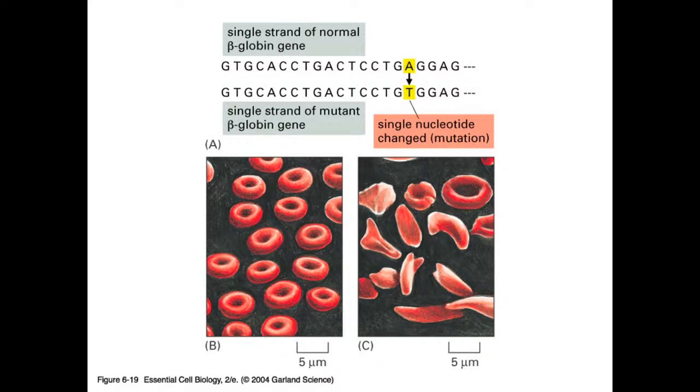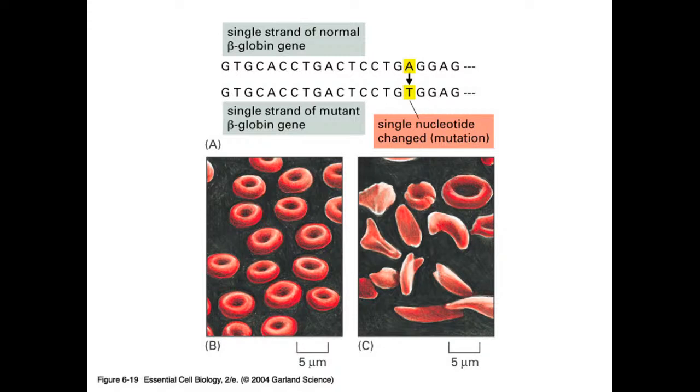For example, a single strand of the normal beta globin gene, GTCCA, is a long chain. But in the yellow portion, what you're seeing is that the A, adenine, got mutated into thymine.